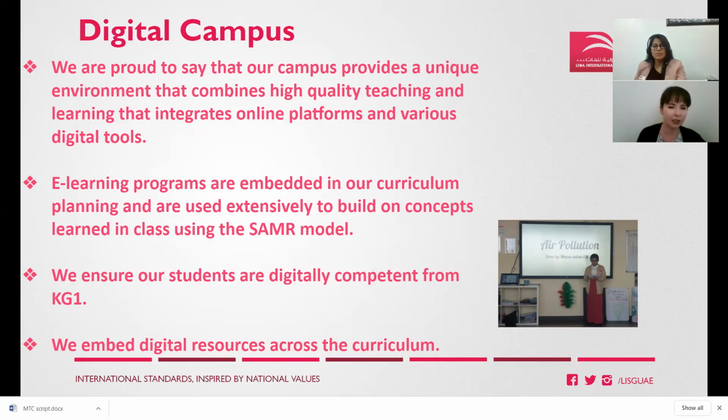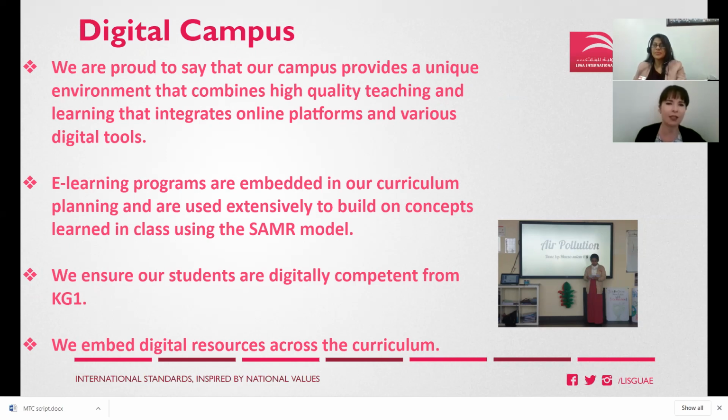We have a robotics curriculum and a Lego curriculum. We teach STEM and integrate digital components into that, such as green screen technology. So we make sure that as soon as our children come to us in KG1, they are digitally competent.